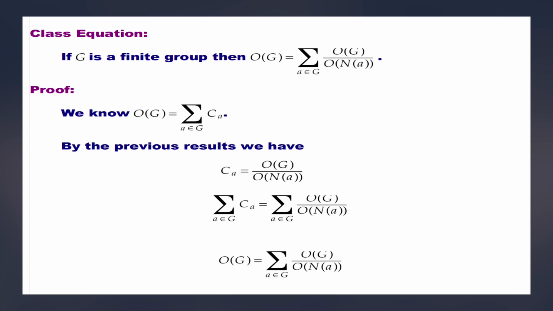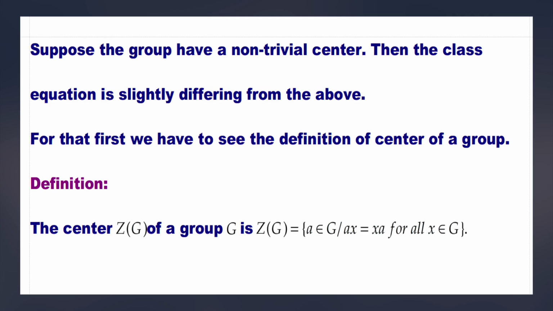So the summation over all elements a in G of C(a) is equal to the summation over a in G of order of G divided by order of N(a). Hence, proved.